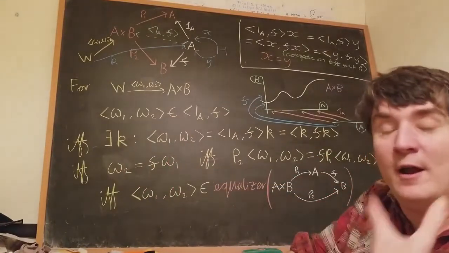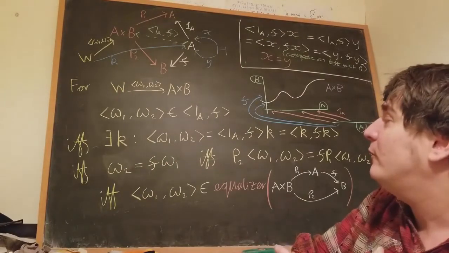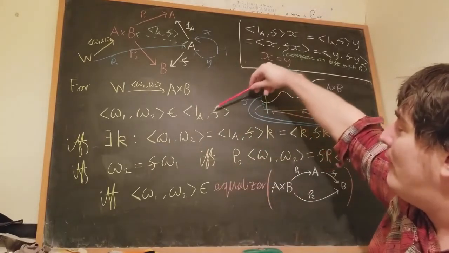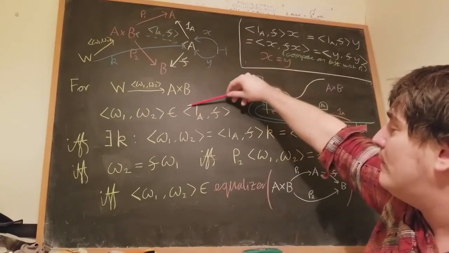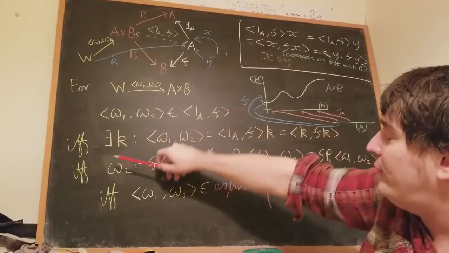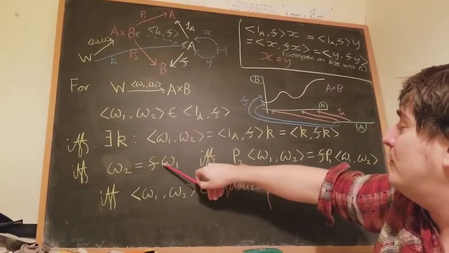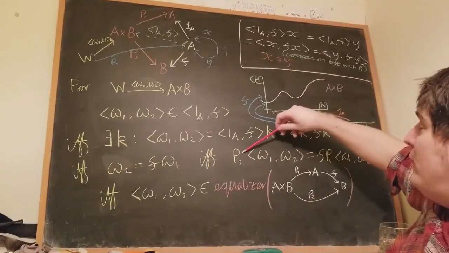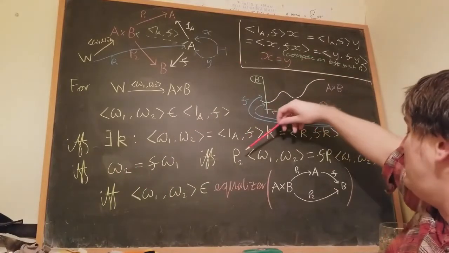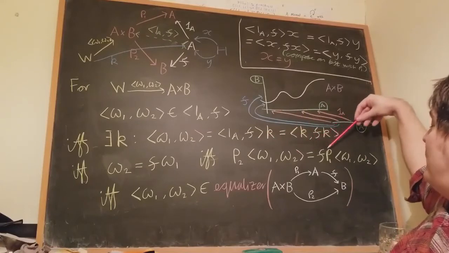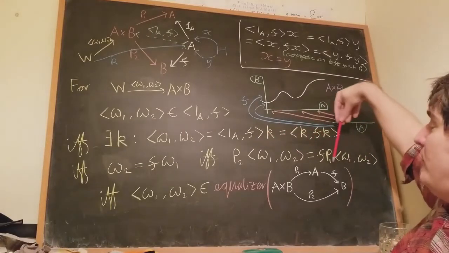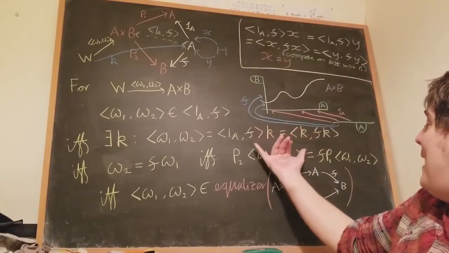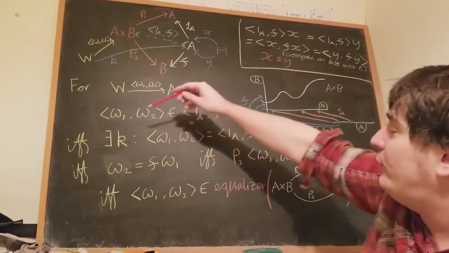Now we're actually trying to make connections with equalizers. What I'm trying to argue is that this graph arrow can be expressed as an equalizer. So the next trick is to say, okay, W2 equals f after W1. An equivalent way to say that is that if we do P2 after W1, W2, we get the same result as if we do f after P1 after W1, W2. Why do I want to do that? Well, now I've got the same arrow appearing on the right, and it's the same one we started with.